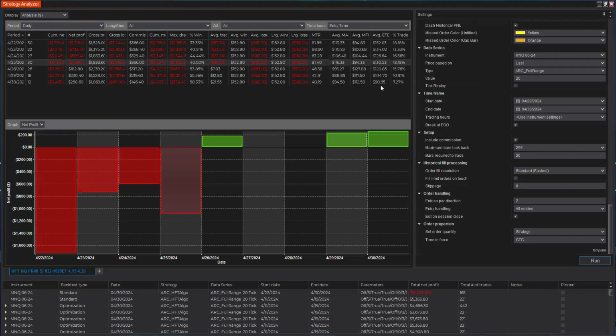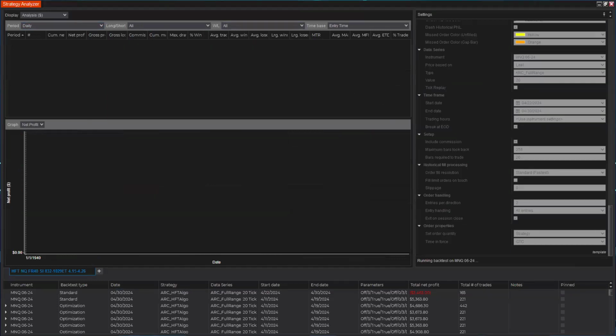Just for fun, let's run this last test and see what we come up with for the more recent stuff. Now, this will also be less trades because we've bumped the requirements on the look back, which we looked at and it was really too fast or too slow. So we might actually not get anything good on this one.